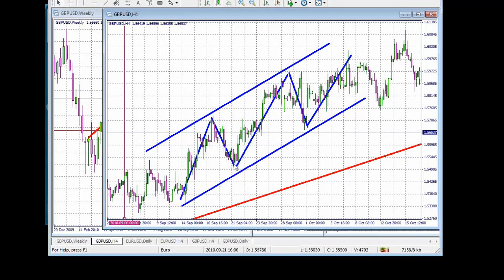So you can see that they are more precise in relation to the channel lines, and also for the length of waves we have more precise values. This comes from the speculators, actually the retail segment of the Forex market, which goes more for technical analysis.